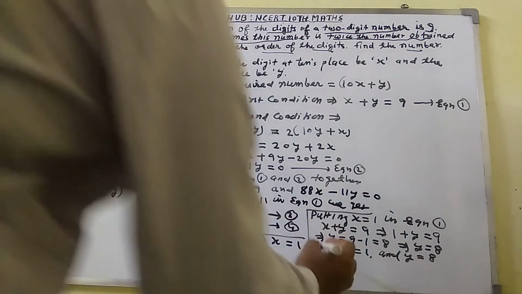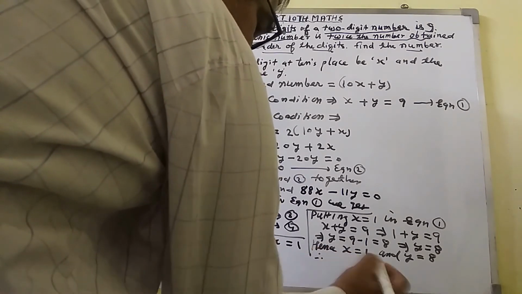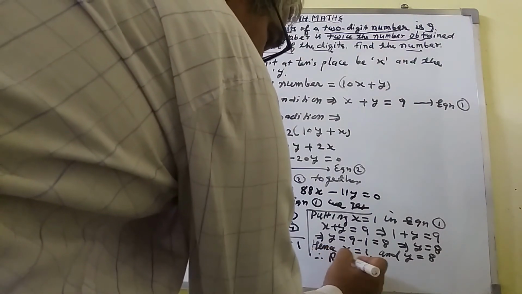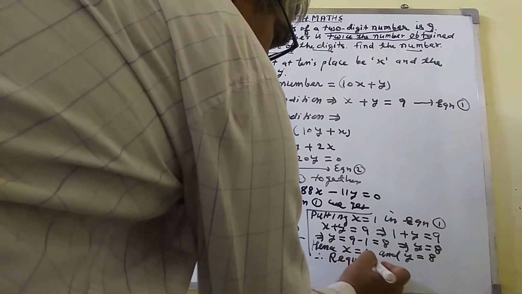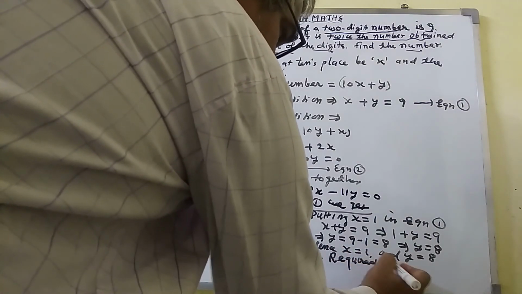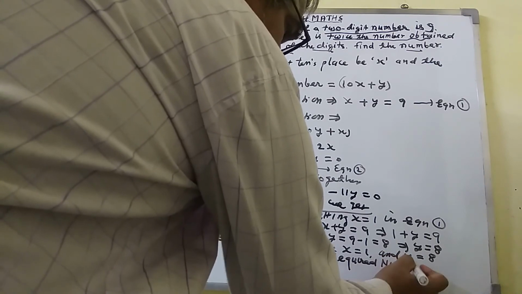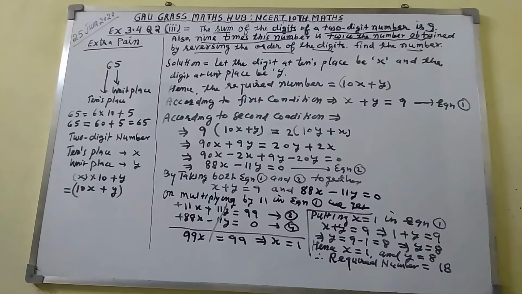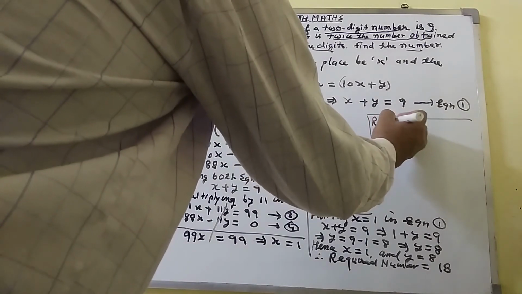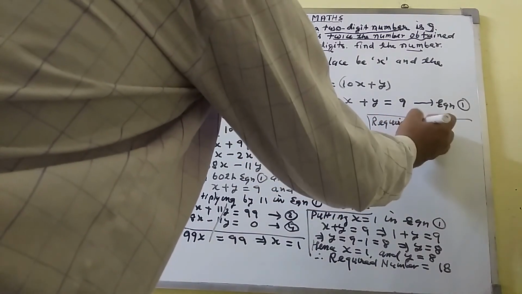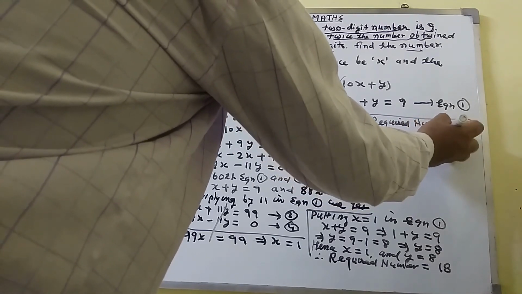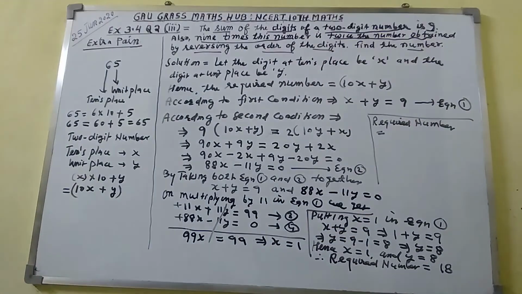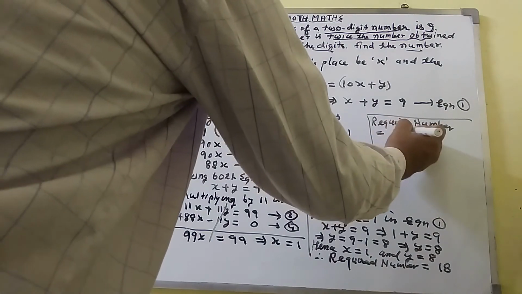Now, therefore, required number equal to 18. Now I am going to explain here. You can see required number equal to, since you have got required number is there in 10x plus y.